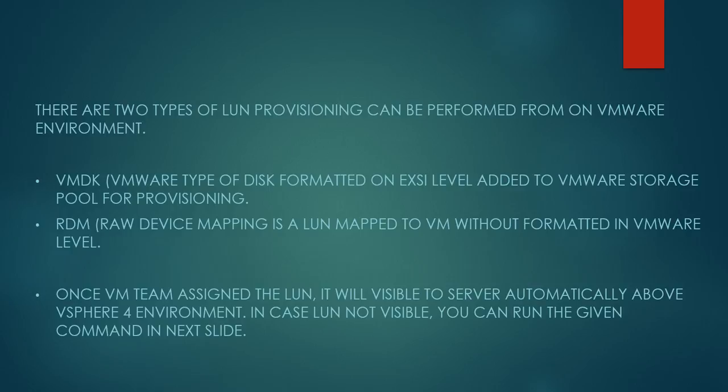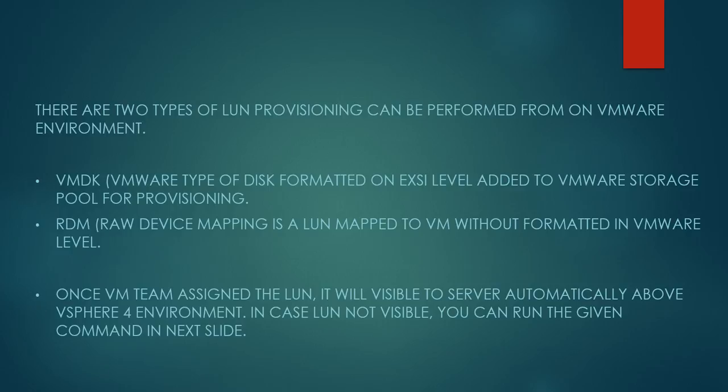Okay, so in this slide it says there are two types of LUN which we can use in VMware environment. The first type is VMDK, which stands for VMware disk type, and the other is RDM, which stands for raw device mapping LUN.